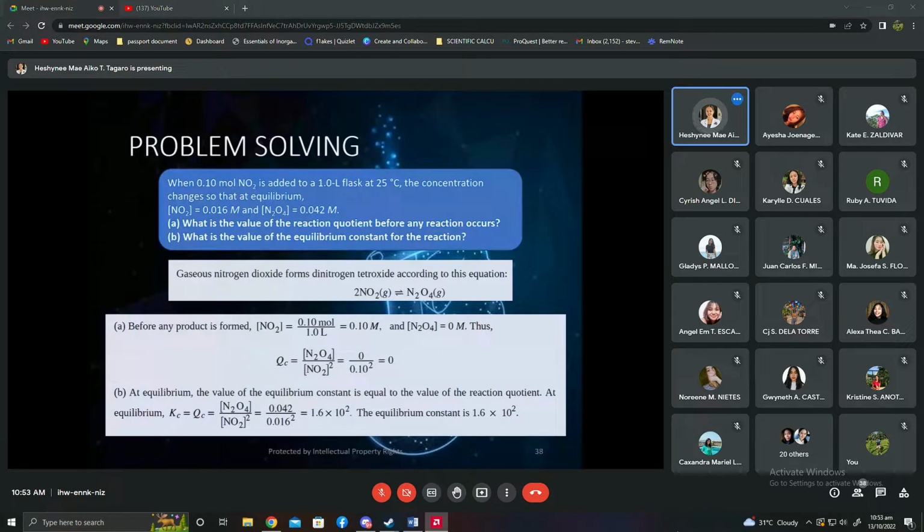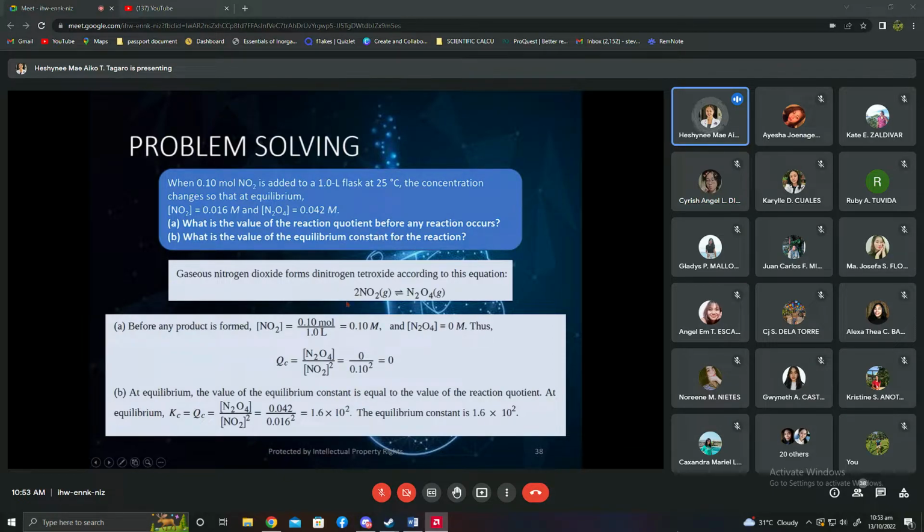So after that, you need to write the Qc expression, so that your working formula is clear to you. The product is in the numerator and the reactant is in the denominator.